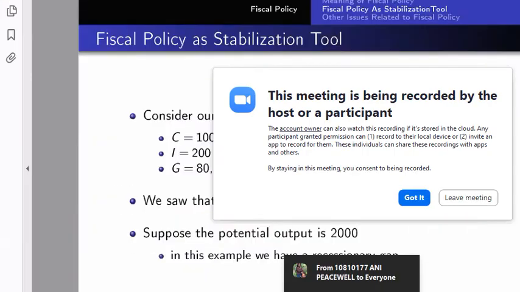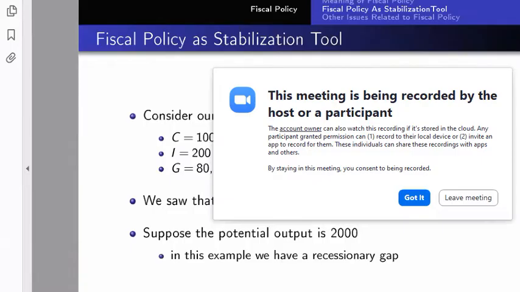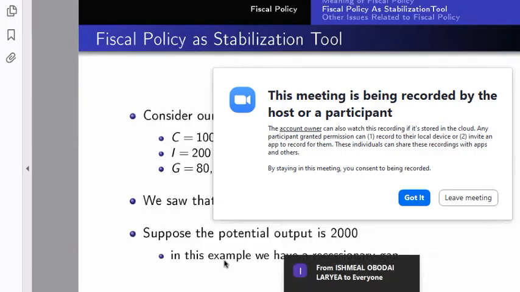But I'm sure if you pick it up, you'll be able to understand it very easily. It's not very difficult. All right, so the actual GDP was 1620, and then the potential is 2000.